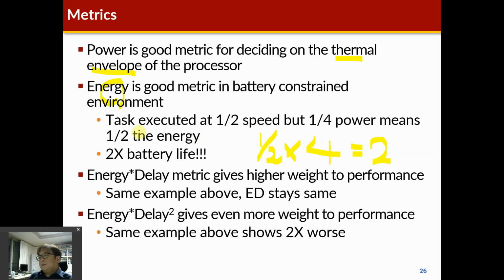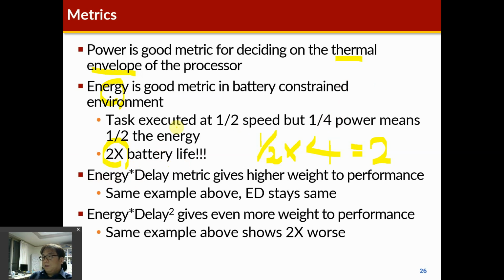So this is another example. The task is executed at 1/2 speed. That means it slows down to half of the baseline operation, but power becomes 1/4 of the baseline. That means the energy becomes half of the baseline. So that means 2 times the battery life in mobile devices.